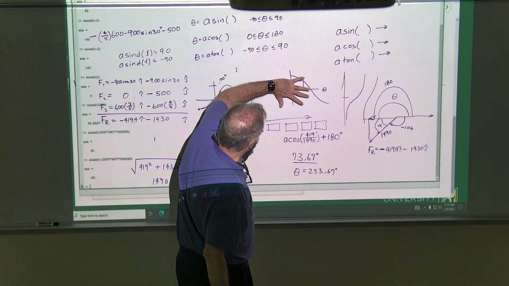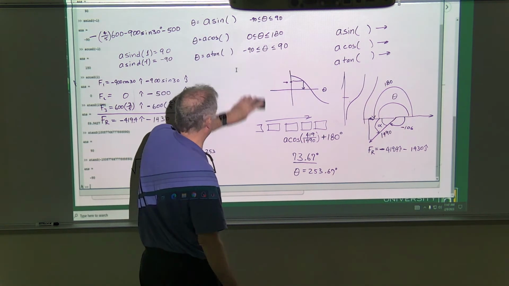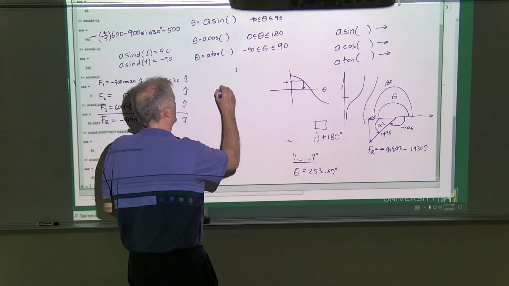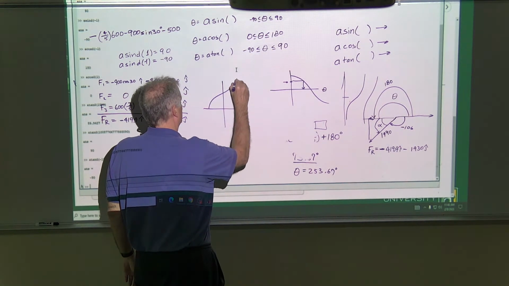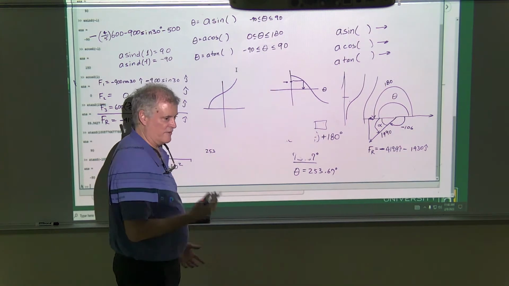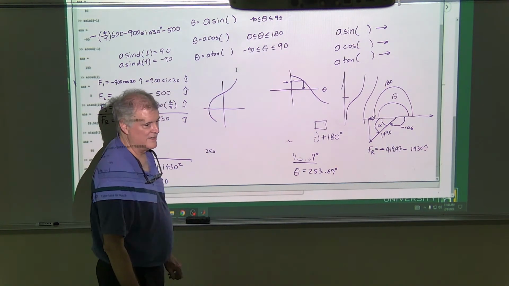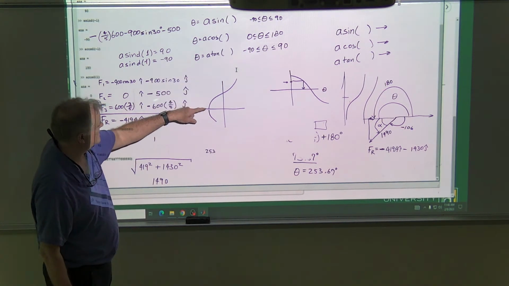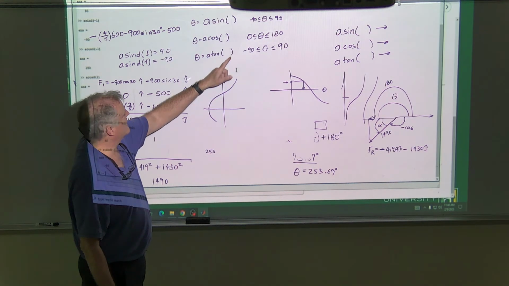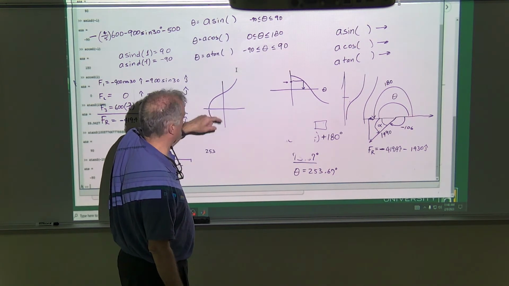So mathematically what it does is it turns this sideways and looks at it as if it's a function. And here's the function. This is a function. That's not. And so it's turning the thing mathematically inside the computer sideways and treating it as a function so it can get you the answer.